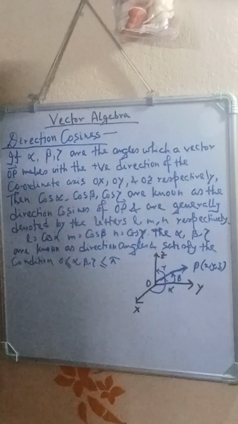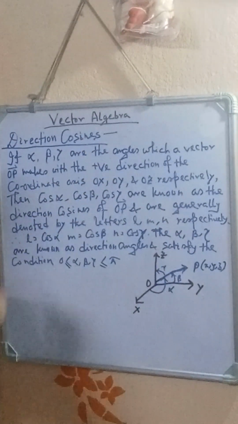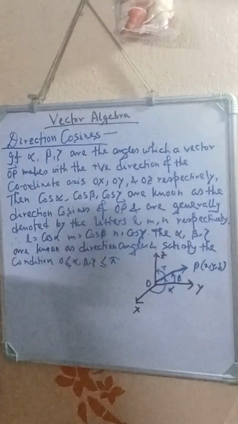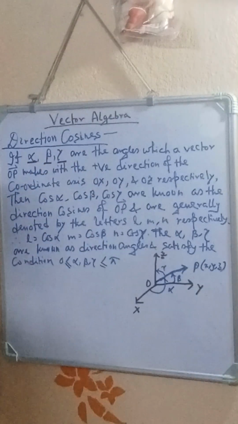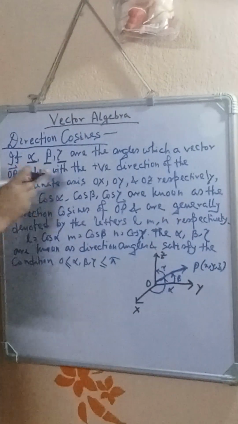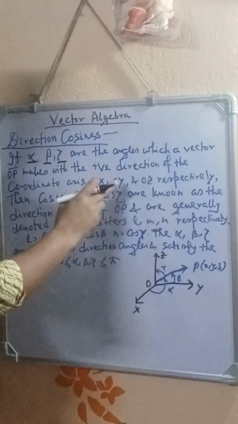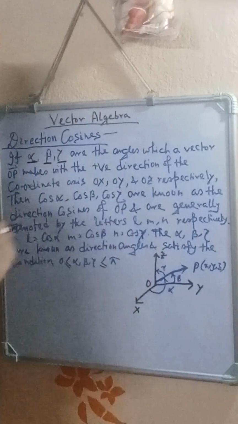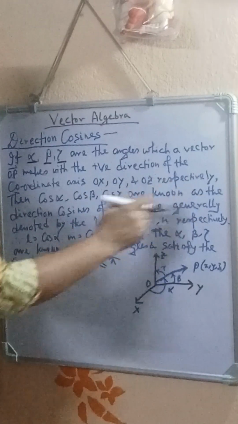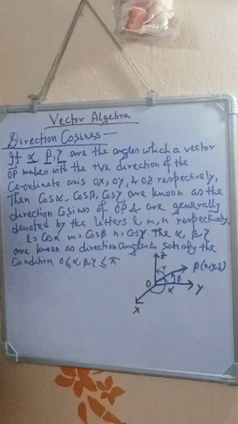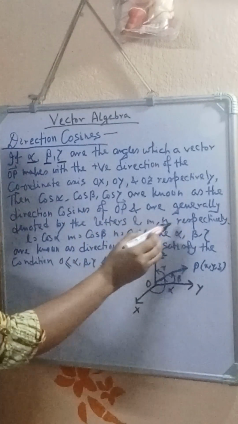Today I am going to discuss direction cosine. If alpha, beta, gamma are the angles which a vector OP makes with the positive direction of the coordinate axes OX, OY and OZ respectively, then cos alpha, cos beta, cos gamma are known as the direction cosines of OP and are generally denoted by the letters L, M, N respectively.